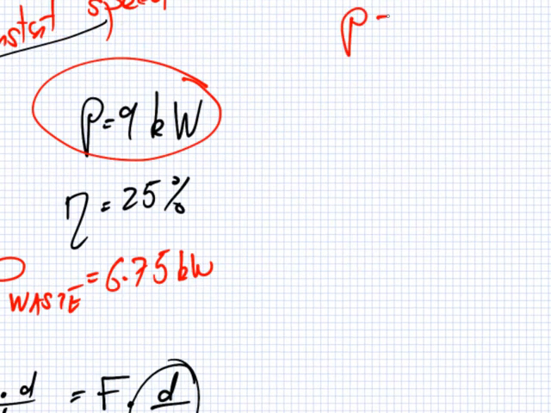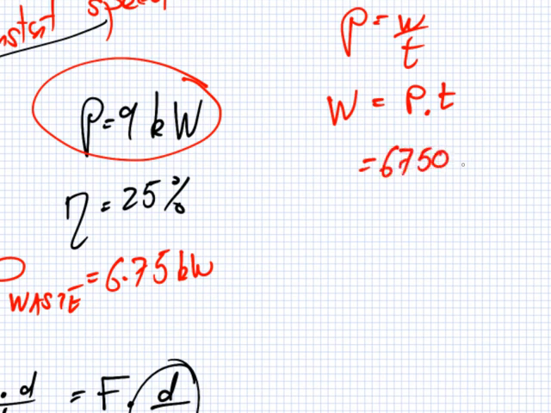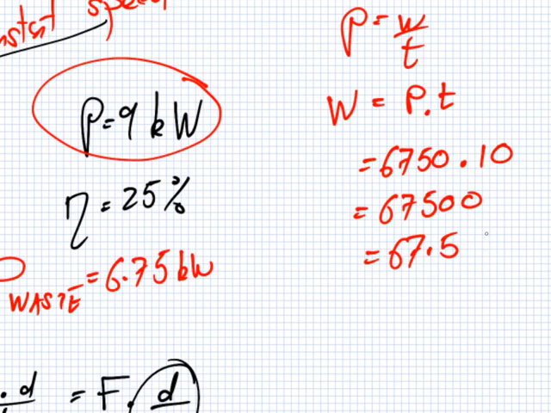So power is work over time. Work, wasted work, is power, wasted power multiplied by time. 6750 multiplied by 10. So that's 67500. So that's 67.5 kilojoules of wasted heat.